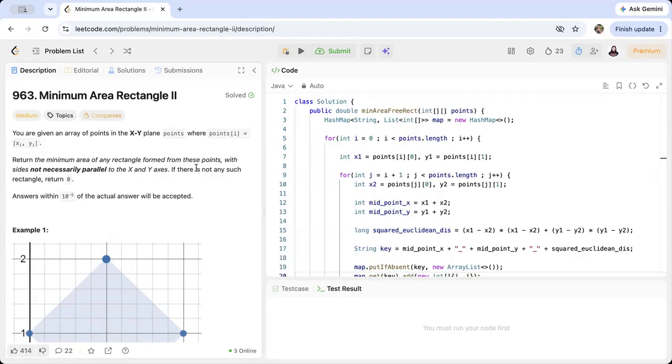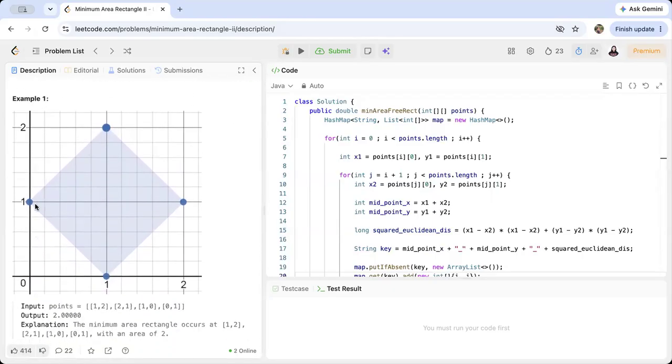So here, we use a geometric property of a rectangle. Let's say this is a valid rectangle. It basically says that the diagonals of a rectangle are equal in length and share the exact midpoint.